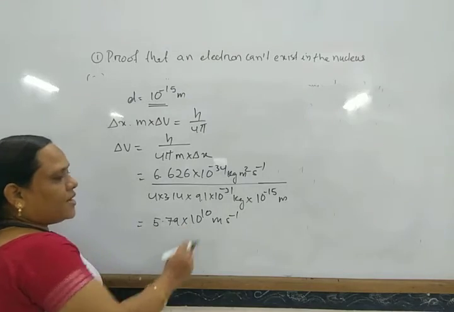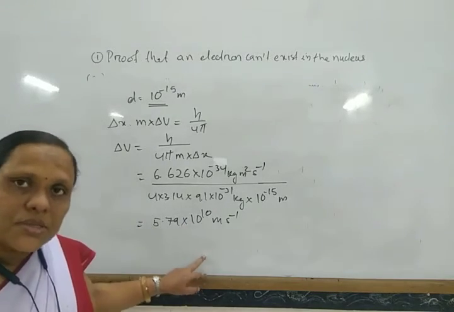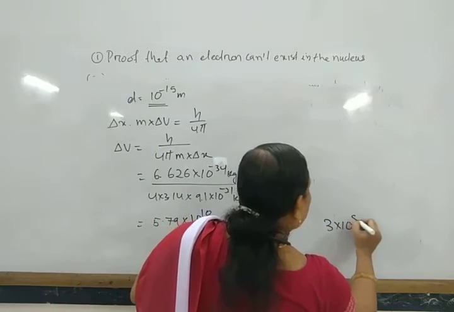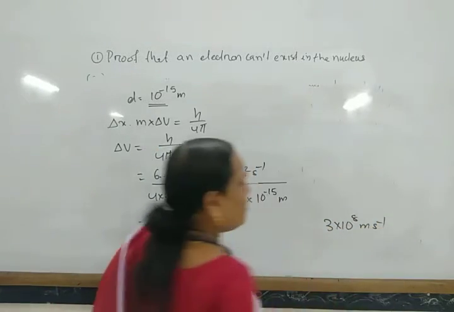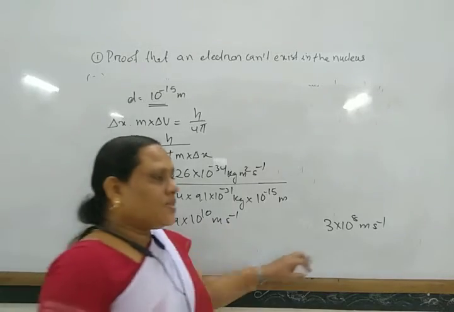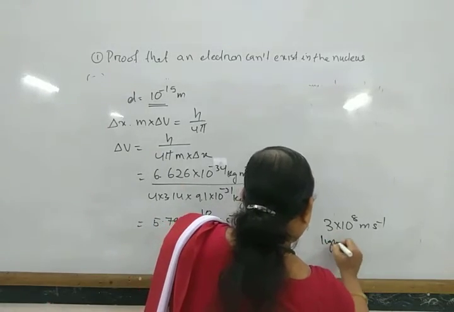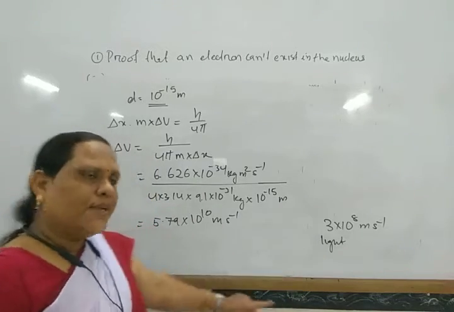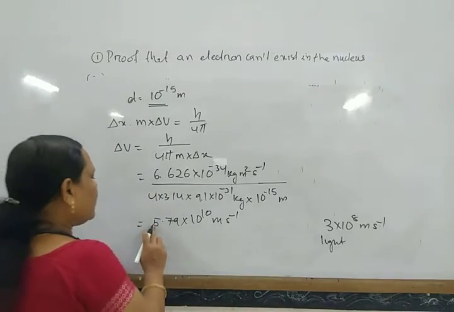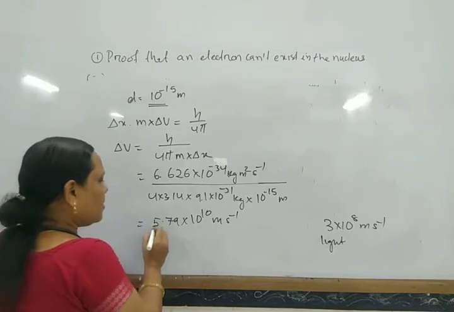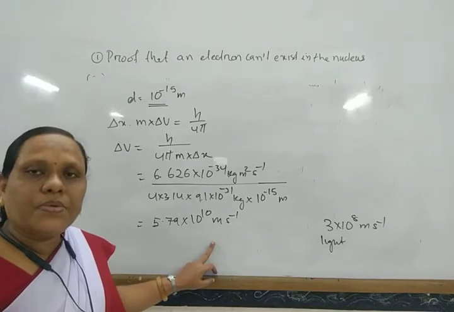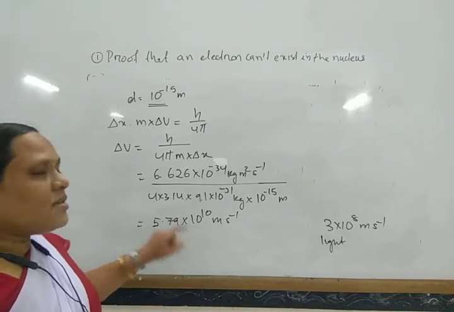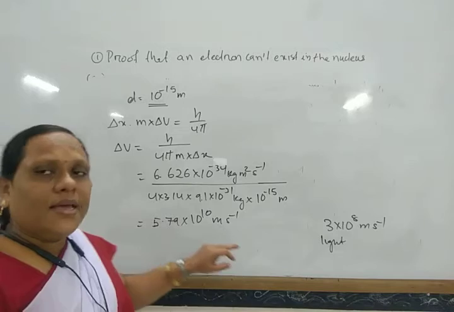5.79 into 10 to the power 10 meter second inverse, while that of light is 3 into 10 to the power 8 meter second inverse. So this is the velocity of light. Light or any electromagnetic radiation has this much velocity, while that of the electron, if it remains in the nucleus, would be up to this much, which is practically impossible.